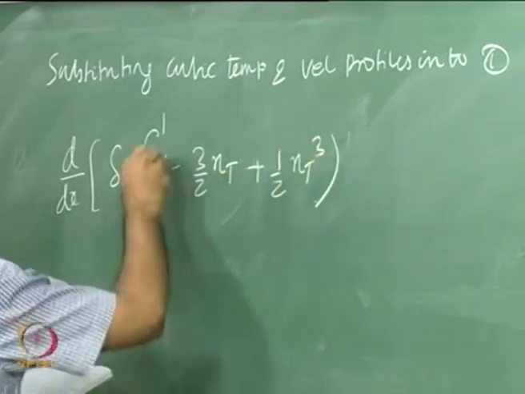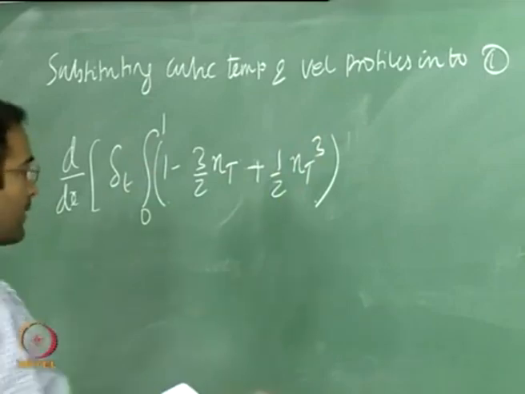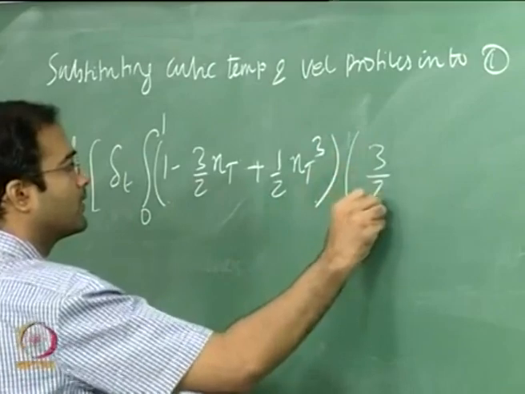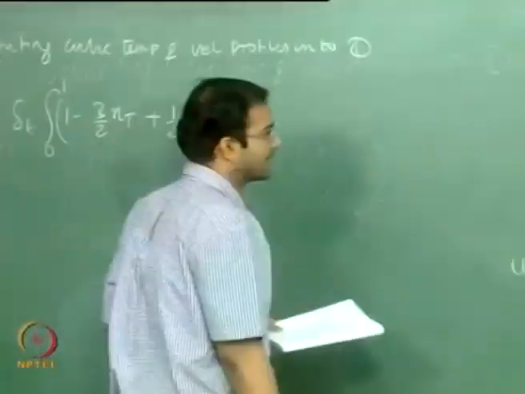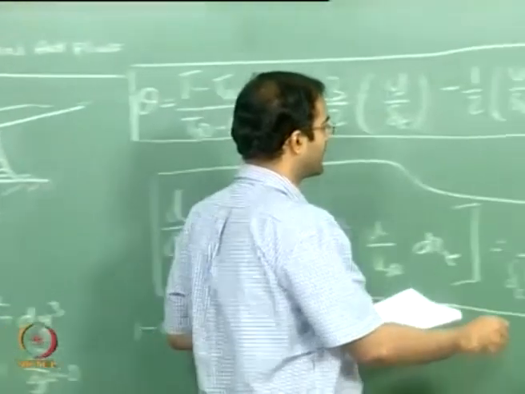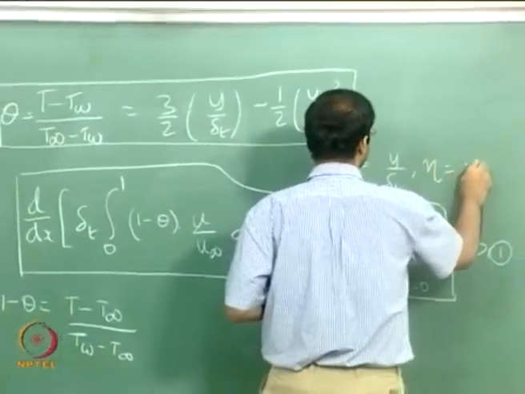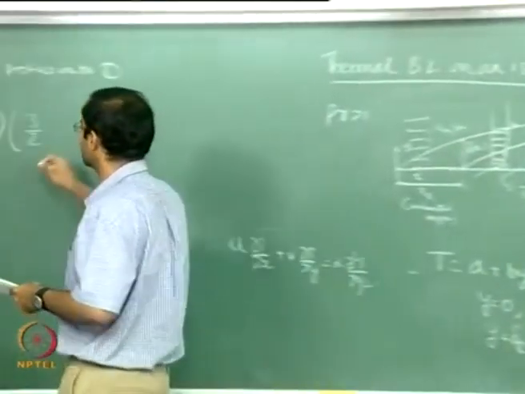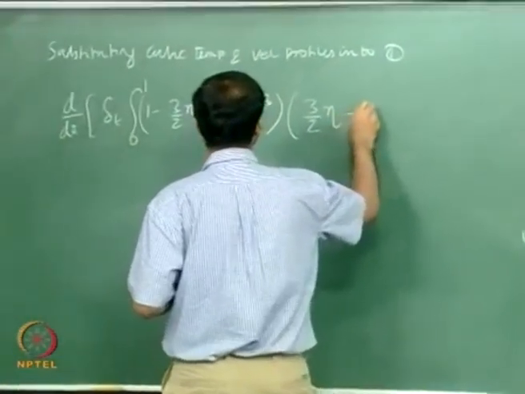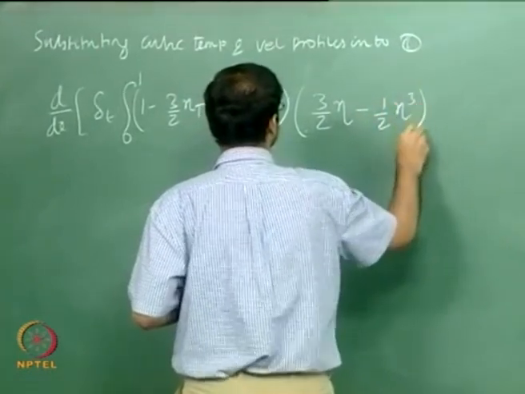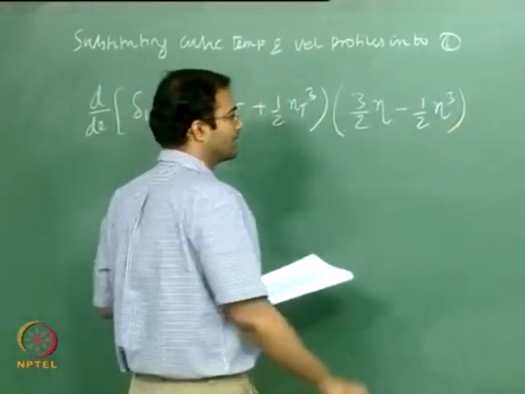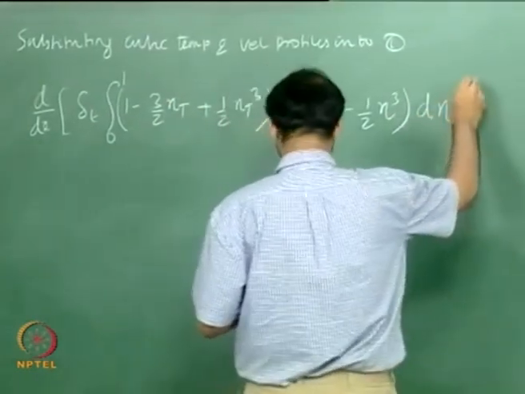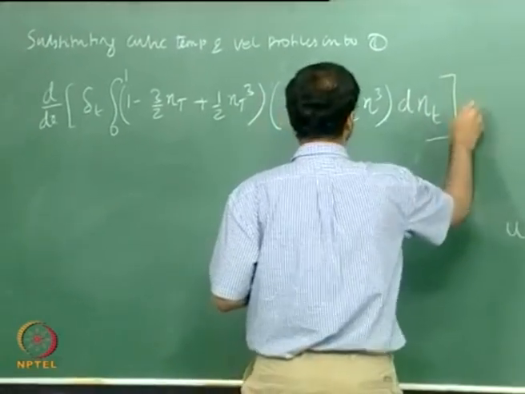This is my temperature profile 1 minus theta, and what is my velocity profile? Let me also define eta the same way I defined eta t, where eta equals y by delta. So my velocity profile can be written as 3 by 2 eta minus 1 by 2 eta cube, into d eta t. So this is integrated over d eta t. This is my left hand side.